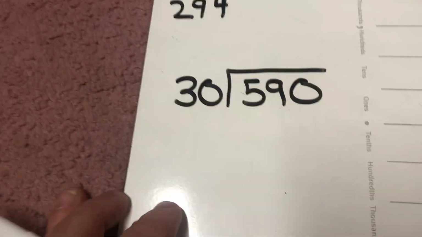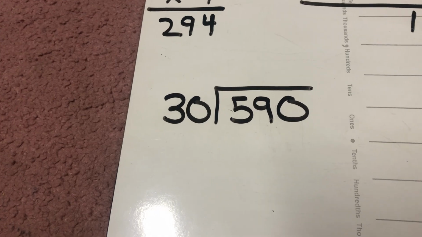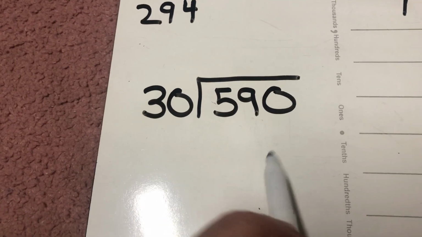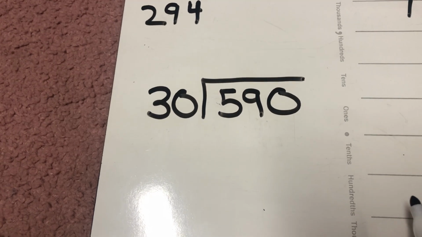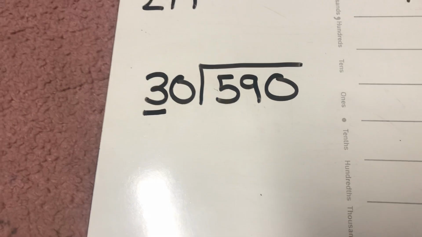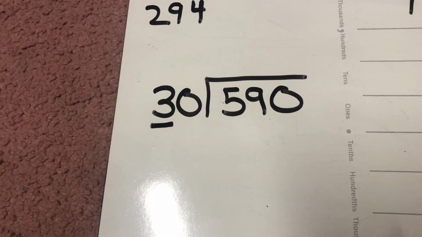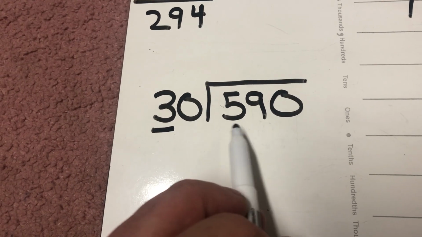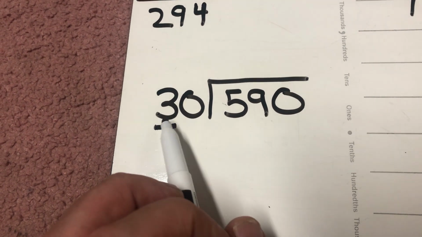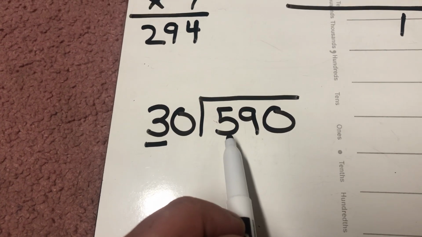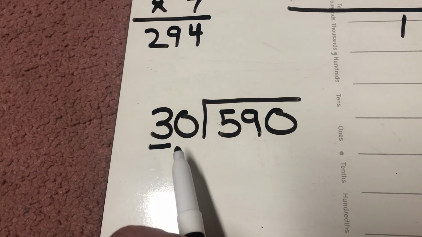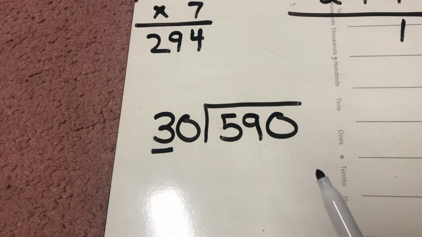So very clearly, 1 is my remainder. All right, let's look at this next one. 30 going into 590. 590 divided by 30. Well, this is already rounded, so I can just think of 3. And I know that 30 can't go into 5, but it can go into 59. And I think the number of times that 3 can go into 5 is going to be the same, or very close to the same number of times, that 30 can go into 59.